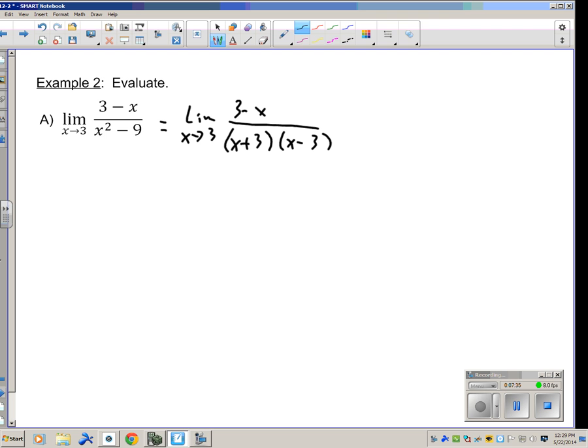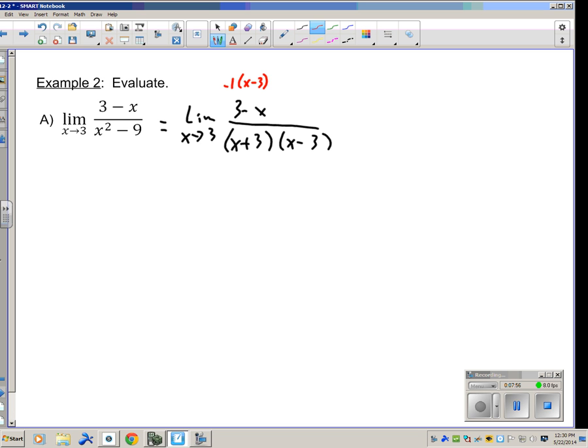That x minus 3 and that 3 minus x are very similar to each other. They just have a negative 1 in common. So I could rewrite this as negative 1 times x minus 3, because if I were to distribute that negative 1 through, I get a negative x plus 3, or a 3 minus x, which is exactly what is at the top.